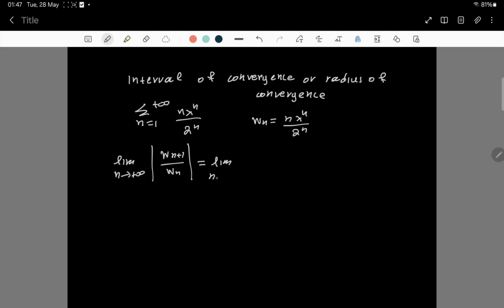So it's the limit as n grows to infinity of (n plus 1) x to the power of n plus 1 divided by 2 to the power of n plus 1, times 2 to the power of n over n x to the power of n.